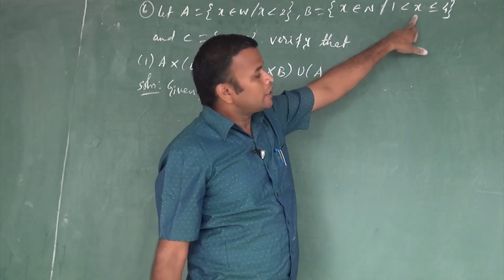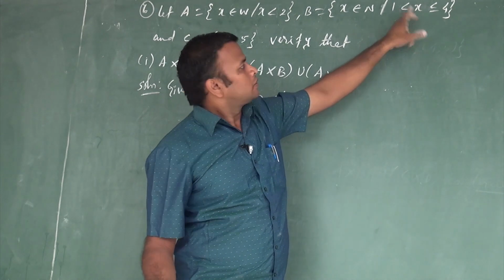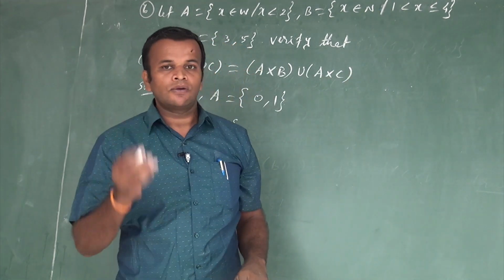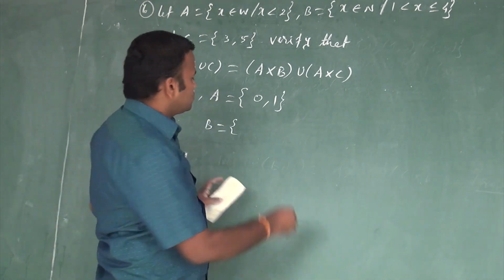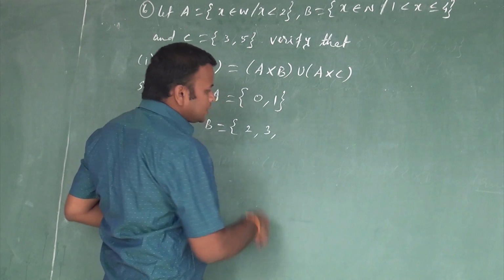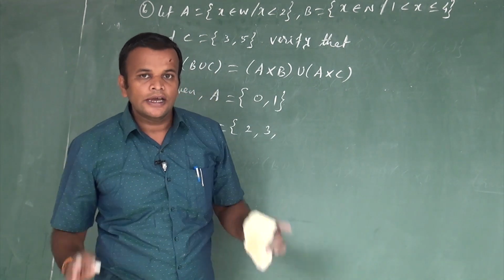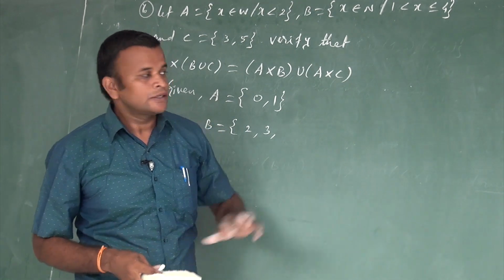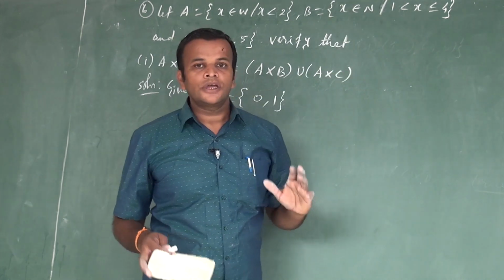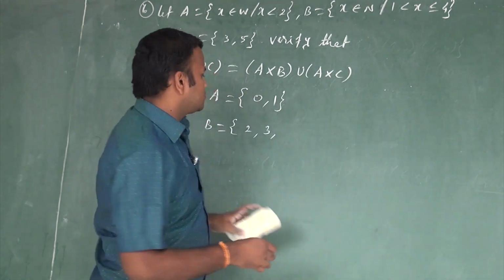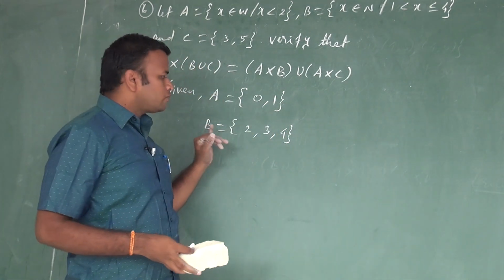So the value of x should be greater than 1. 1 is the first natural number, the next natural number is 2, and then 3. Now we check whether 4 is also possible. Yes, 4 is also possible, because the value of x is less than or equal to 4. So the values of B are 2, 3, 4.